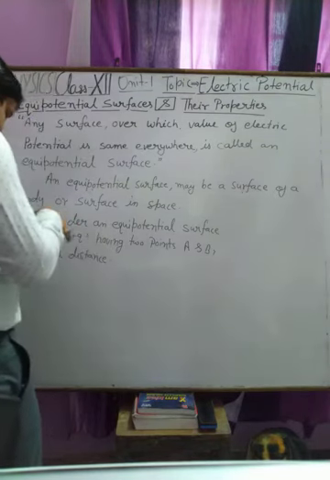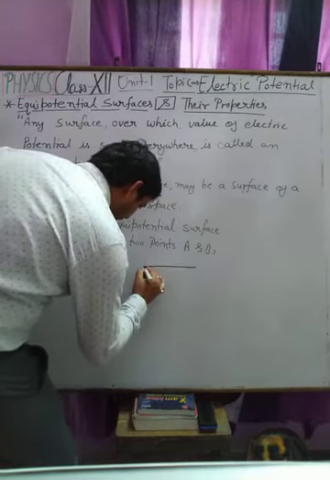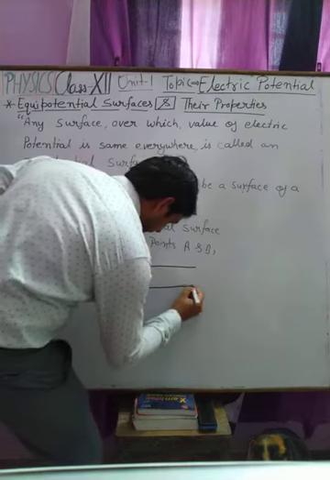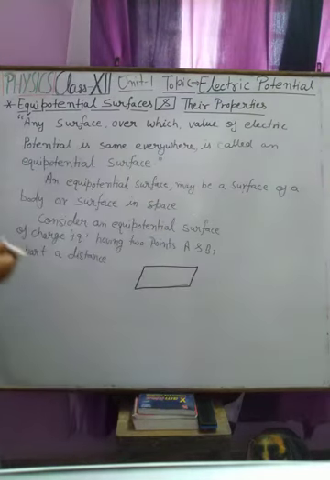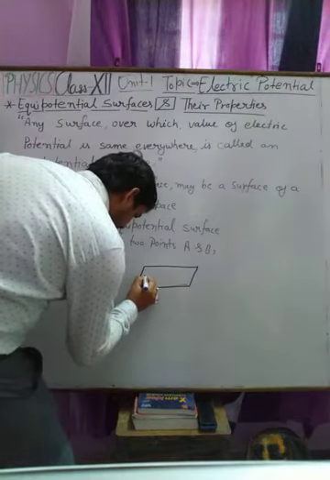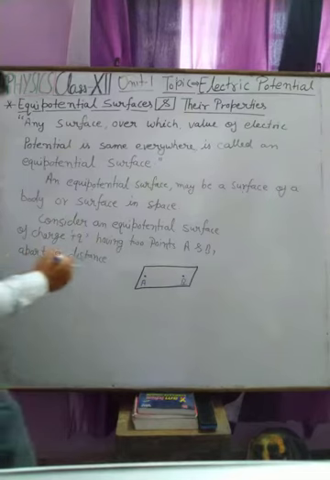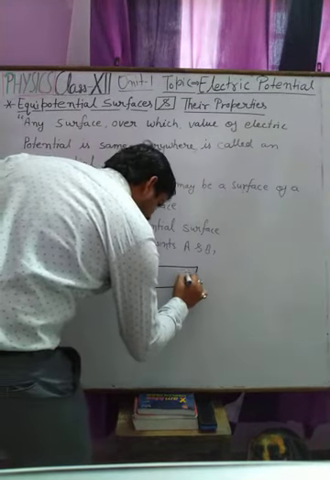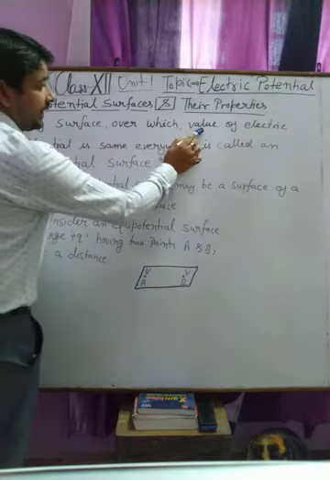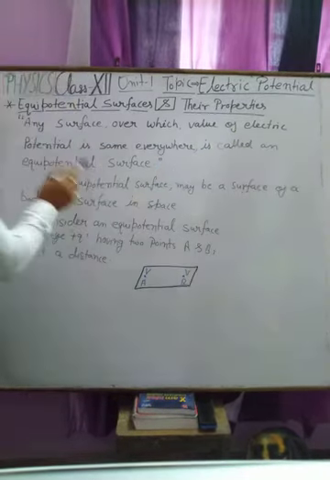Suppose this is an equipotential surface and the two points A and B in it have potential V and V. As per the definition, any surface over which the value of electric potential is the same everywhere is called an equipotential surface.